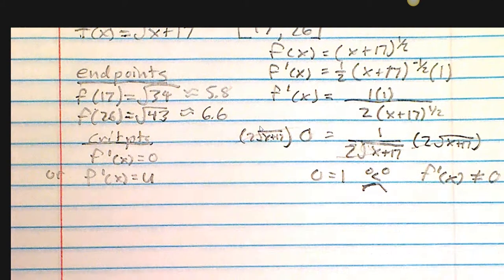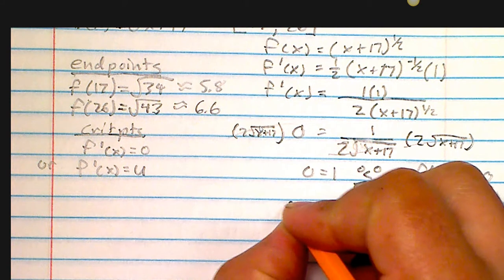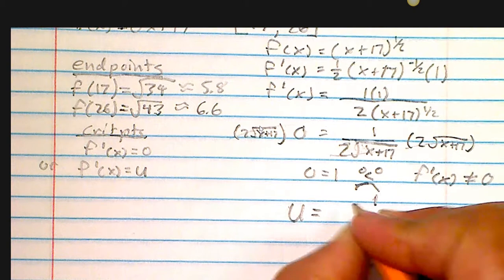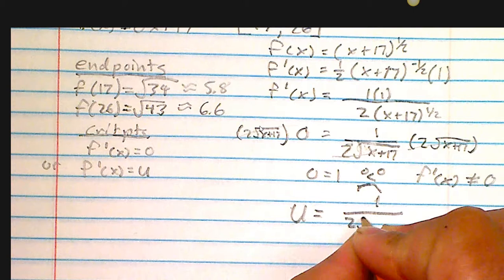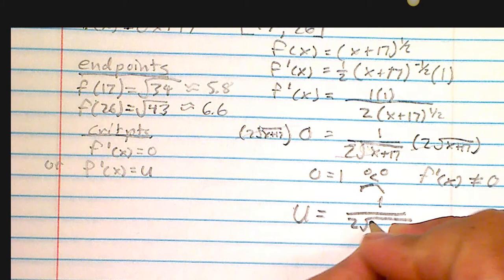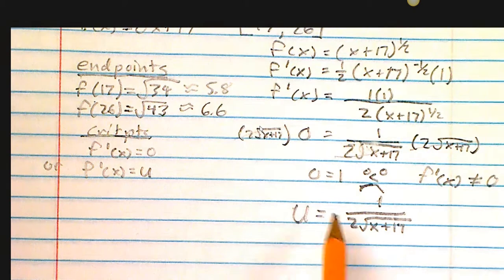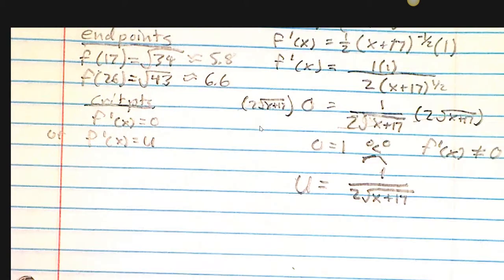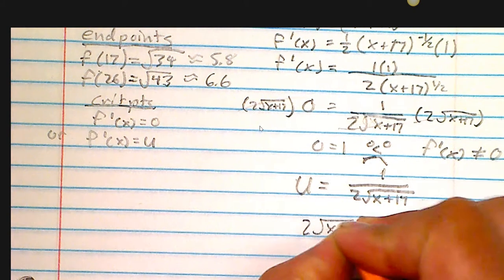Alright, so now I need to see where the derivative is undefined. So I'm basically trying to find out what makes it undefined. Okay, and I know with a fraction, when the denominator equals 0, it's undefined. So let's try to set the denominator equal to 0. So 2 root x plus 1 equals 0.